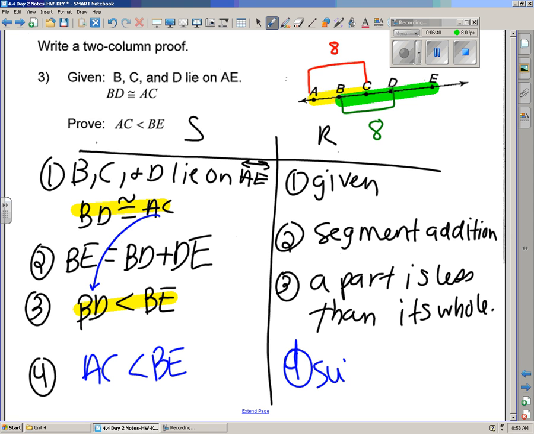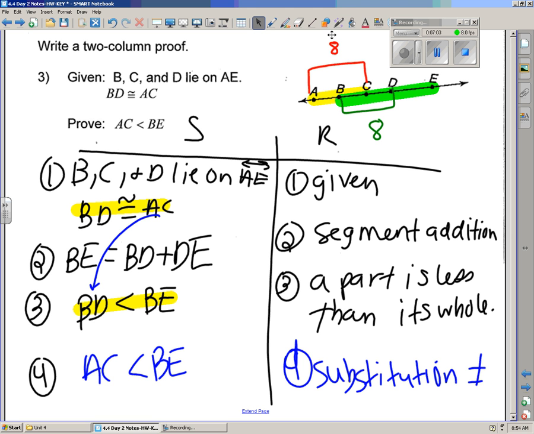And again, we just kind of said this, it's substitution inequality. We've got an inequality and an equality, so we can substitute. So make sure that that works for you. So we've got some segment addition. We've got a part being less than its whole. We could have said a whole is greater than its part, but then it would have switched the inequality symbol.